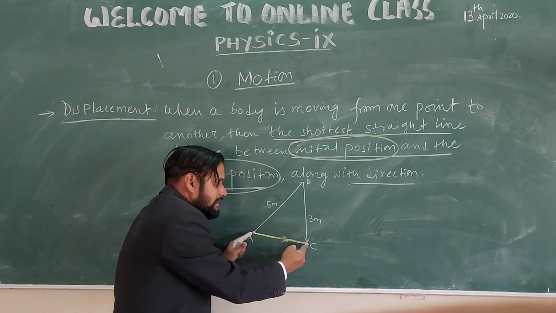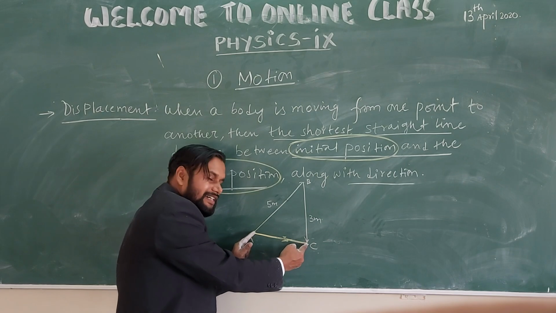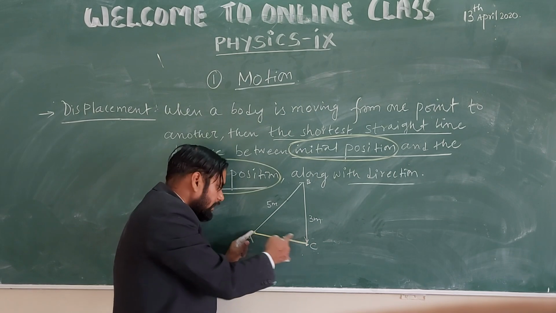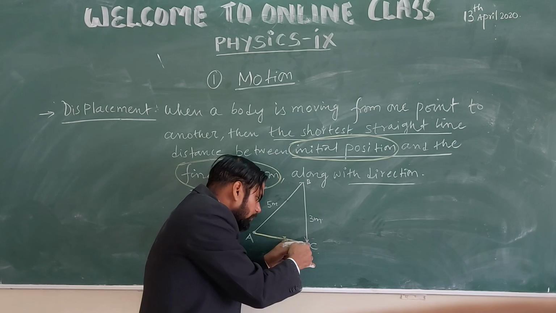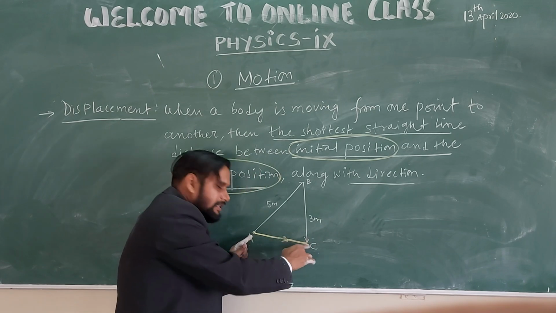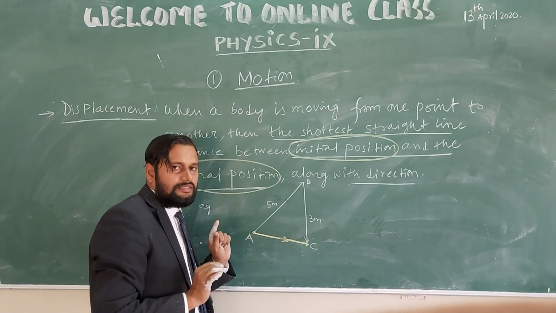This is the shortest straight line. The shortest straight line distance between the initial position and the final position along with direction is known as displacement.